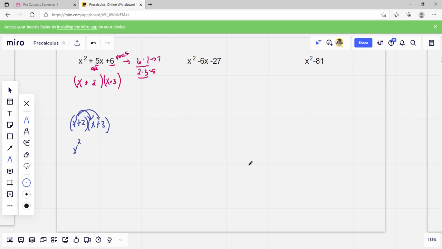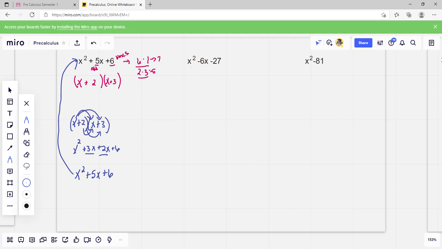X times 3 would be 3x. 2 times x would be 2x. And 2 times 3 would be 6. And then if I add my like terms, my 3x and my 2x, I'm going to get x squared plus 5x plus 6. And that's what we started with. Okay, so it's basically the opposite of rainbowing. You're going backwards from that.